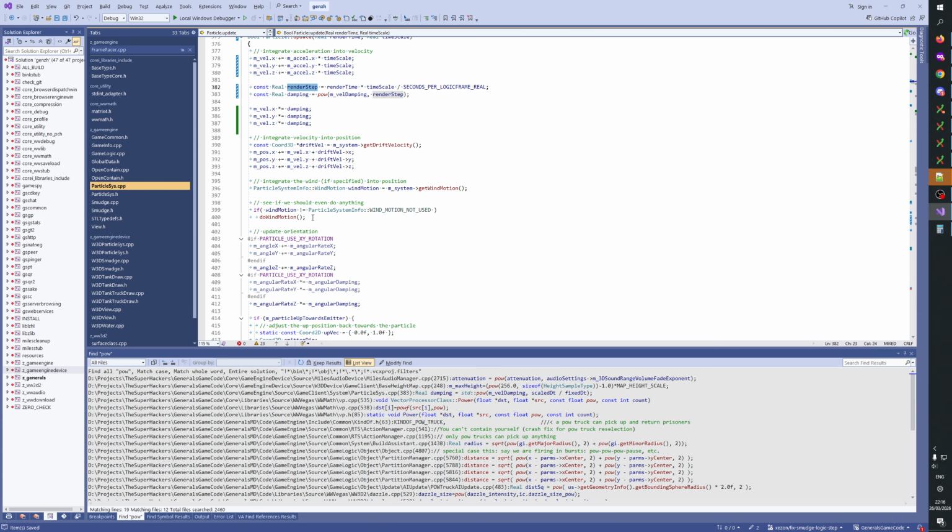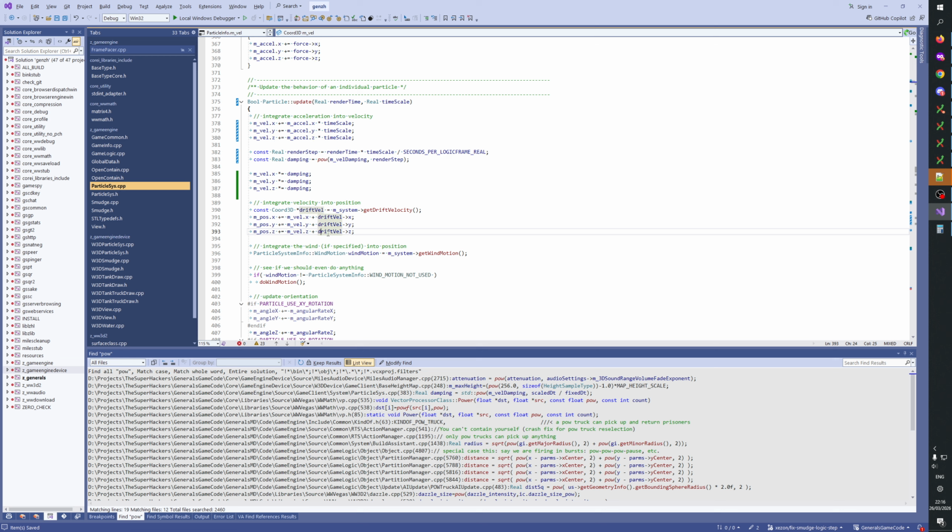Render step, okay. Then here we have drift well and well, drift well, velocity into position.